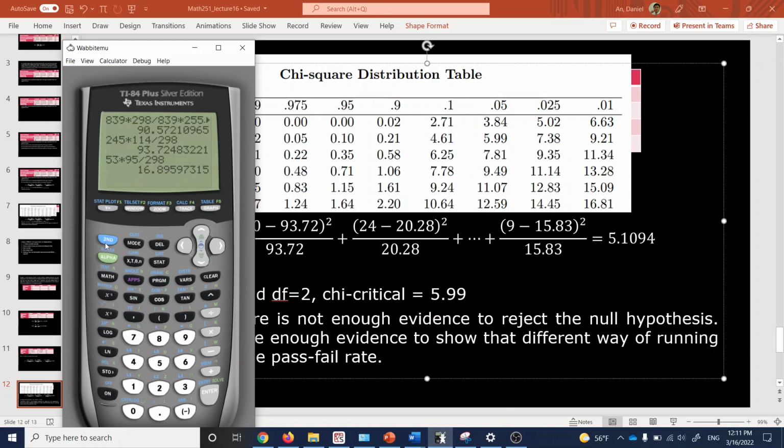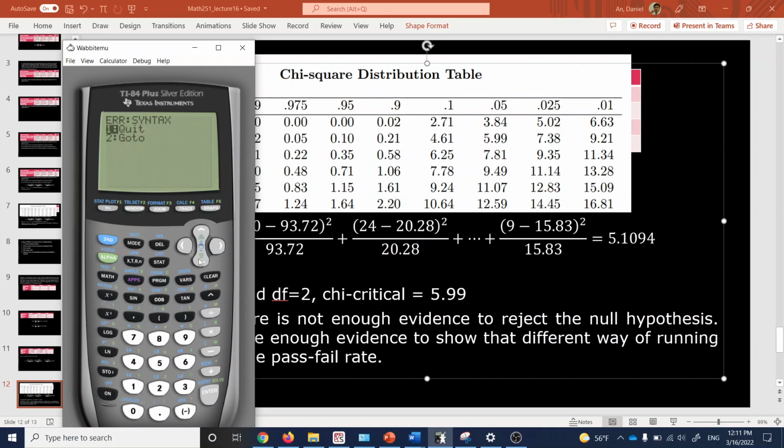You can do second distribution, and then you can go to chi-square, not the PDF, but CDF. And the lower is always 0, and the upper is 5.1094, and degrees of freedom is 2. And if you paste this, you get 0.92228, and 1 minus that value is the p-value.